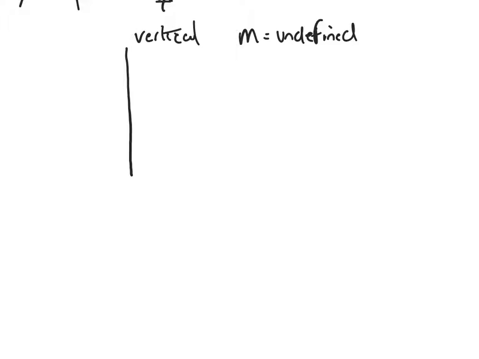Now, I did say that in the vast majority of times that rule works. The rule falls down when we look at vertical and horizontal lines. So if I was to say that that line was vertical, then we know that a line which is vertical has an undefined gradient, i.e. the gradient is infinite.